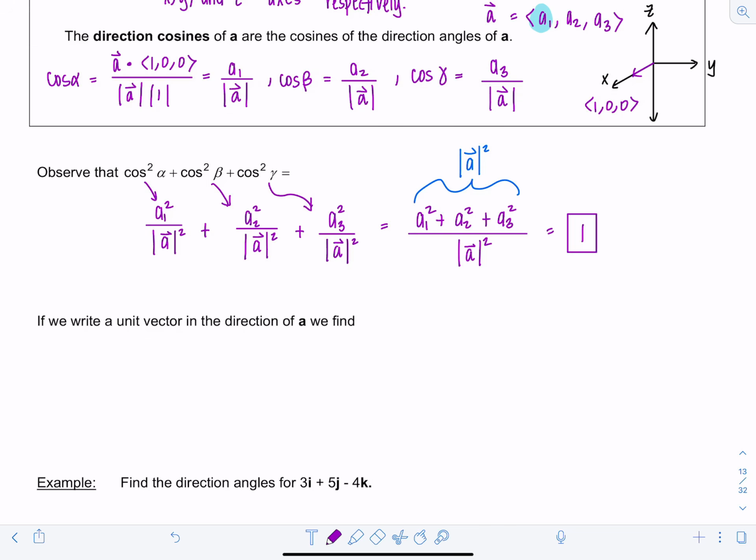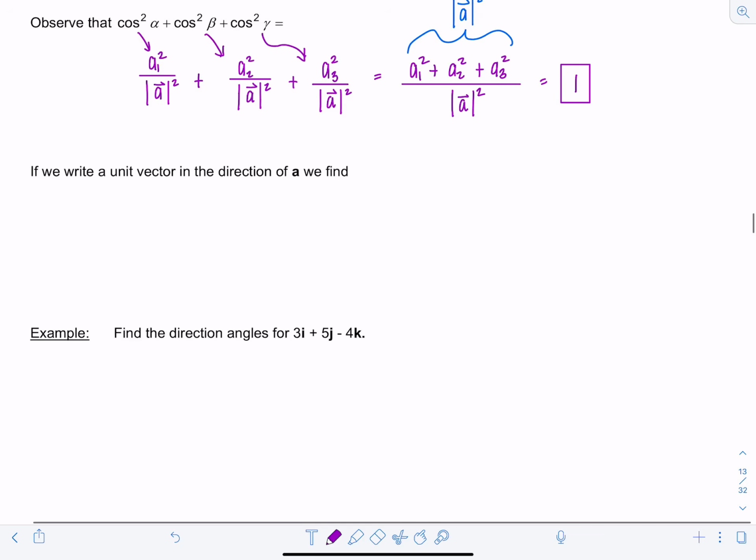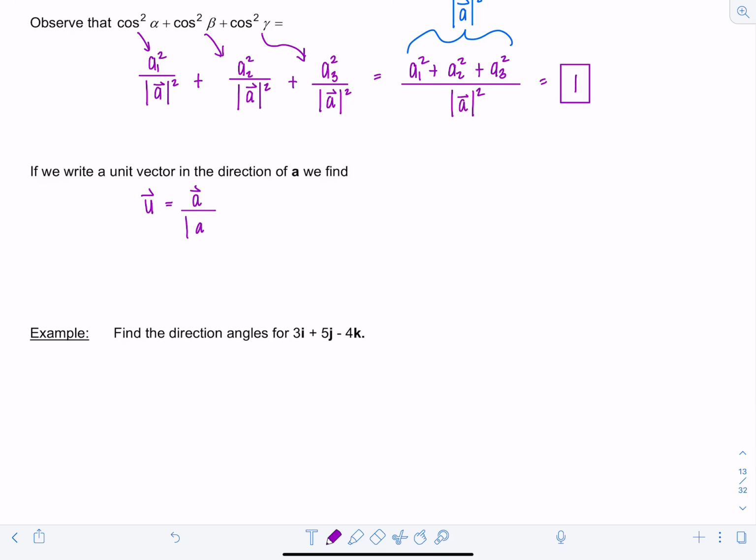All right. Interestingly, if we want to write out a unit vector in the direction of A, remember we discussed, you take A and divide by its magnitude, right? And A has components A1, so you would have A1 over the magnitude of A, A2 over the magnitude of A, A3 over the magnitude of A, and each of these components are the direction cosines.